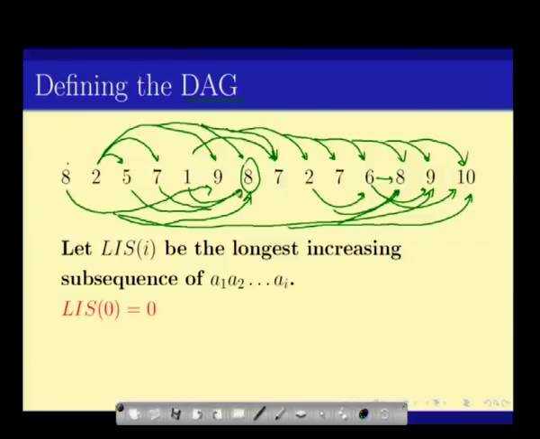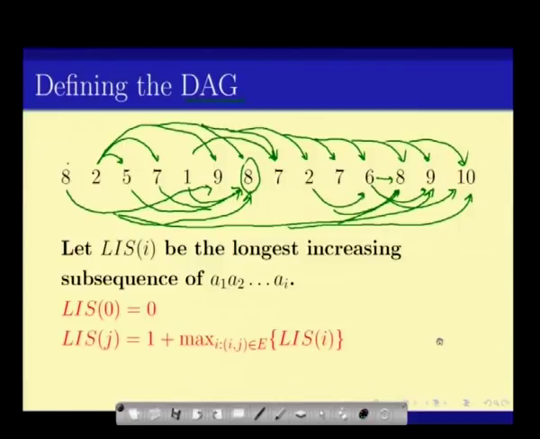Now, the longest increasing subsequence at this point must have stopped at any of these points. So, it must be the longest increasing subsequence at 1 or at 7 and so on, or it can be the longest increasing subsequence right at this point.